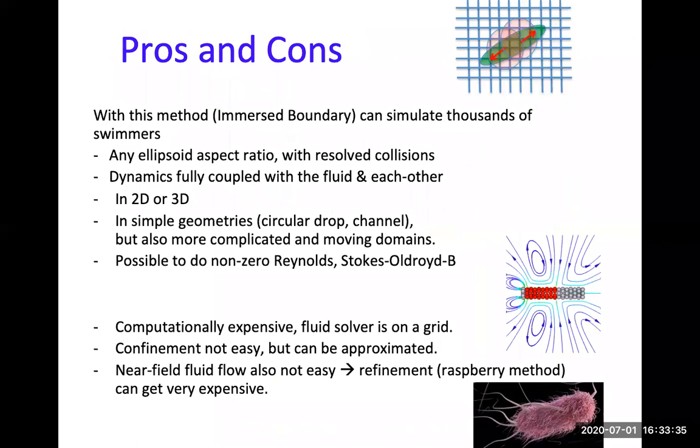We can do a lot of shapes, we can couple the dynamics, we can do something other than Stokes flow. It can get computationally expensive, especially if we resolve the swimmer a lot more. We cannot resolve the fluid flow close to the body as well, but one can refine, using this kind of raspberry method. So it's pros and cons, right?